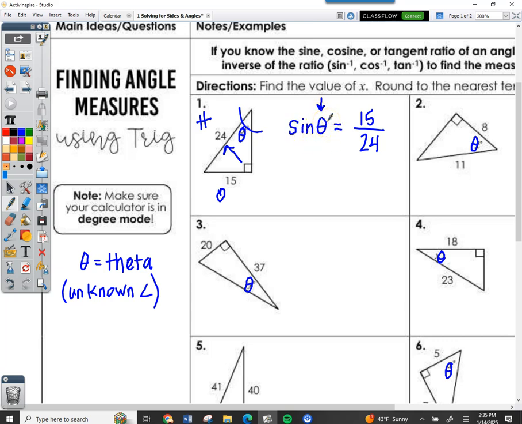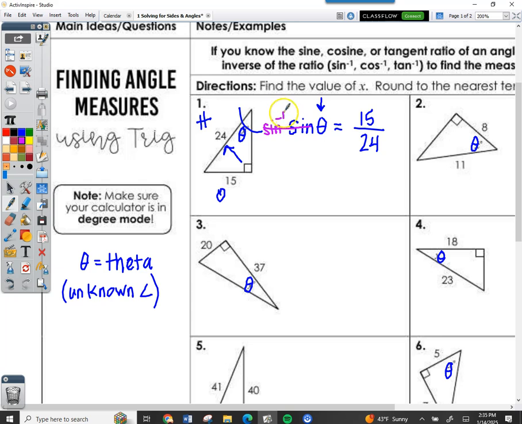These are connected, okay? The way trig works, when you have a trig function connected to an angle, the only way to get rid of it is to multiply by what's called the inverse. Just like the inverse of addition is subtraction, the inverse of sine is, wait for it, sine inverse.